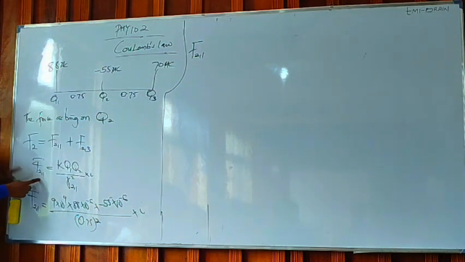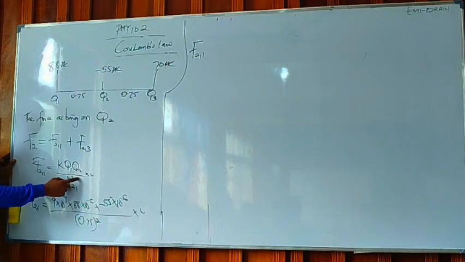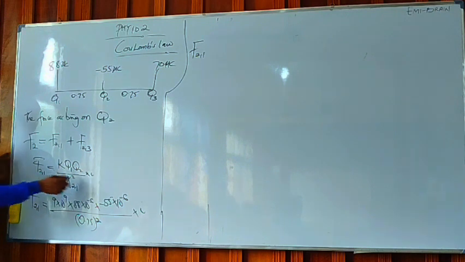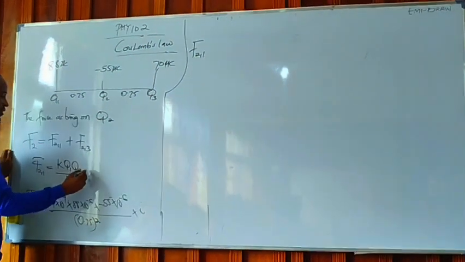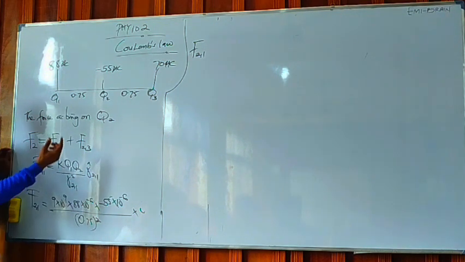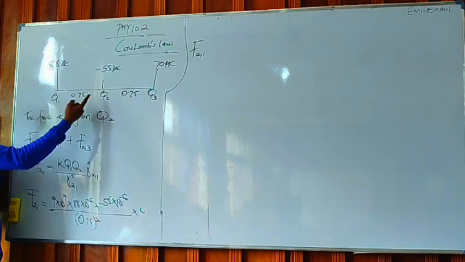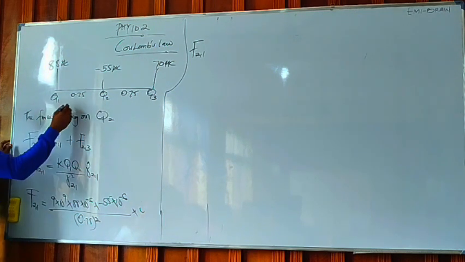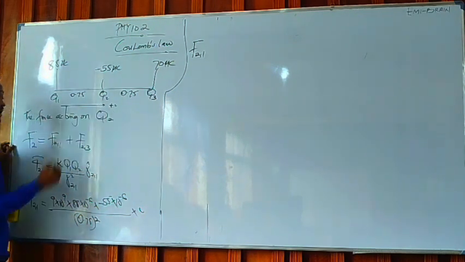Our F21 is given as k q1 q2 over r21 squared times the unit vector of 21, which means the direction of action is from 1 to 2. That means it's moving towards positive i, right?